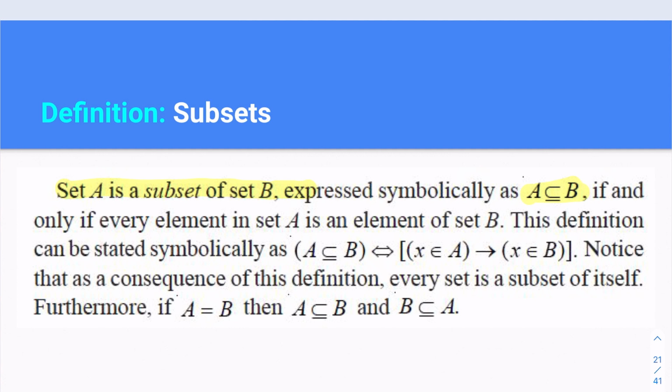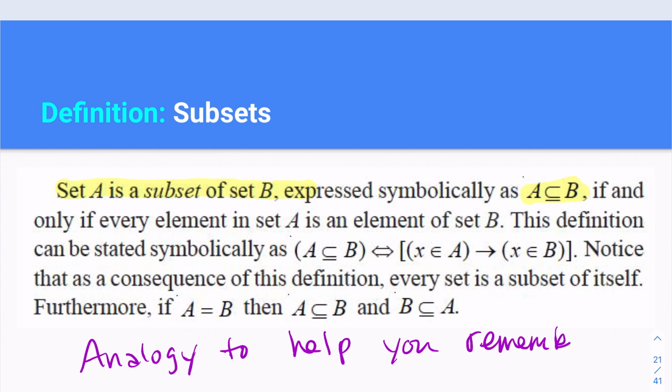And an analogy that you can use to help you remember, maybe you can think about it yourself, but what about less than or equal to? Okay, notice it's similar to that. This is my trick for remembering it.